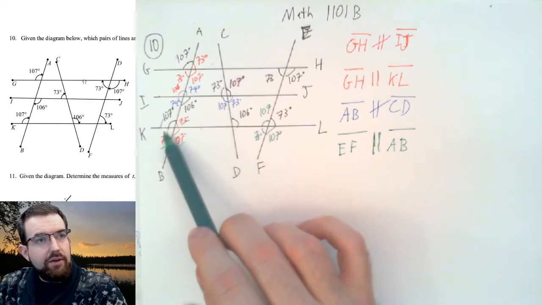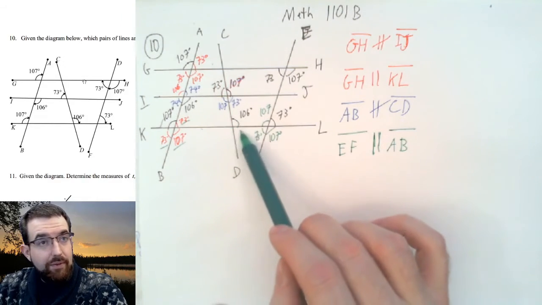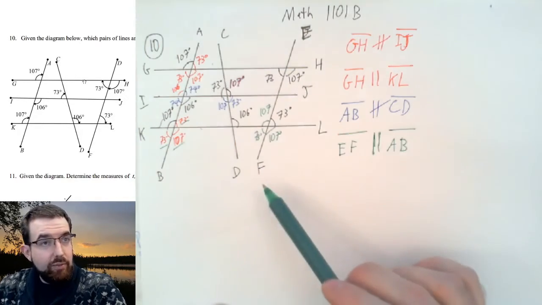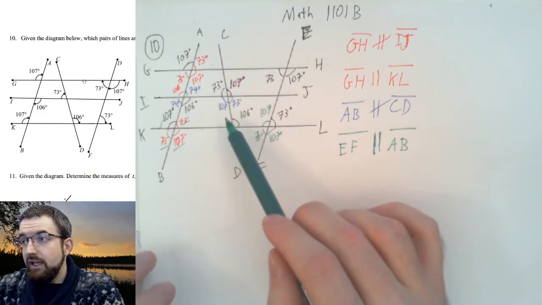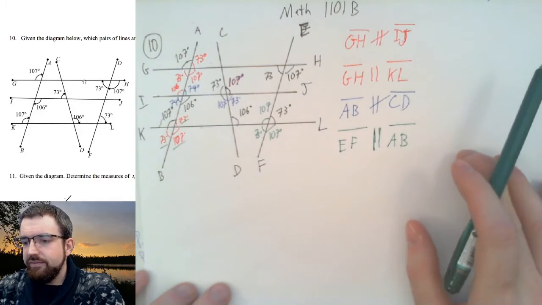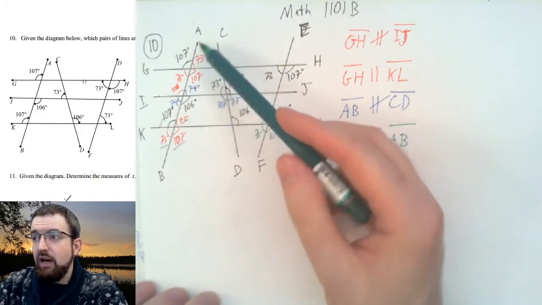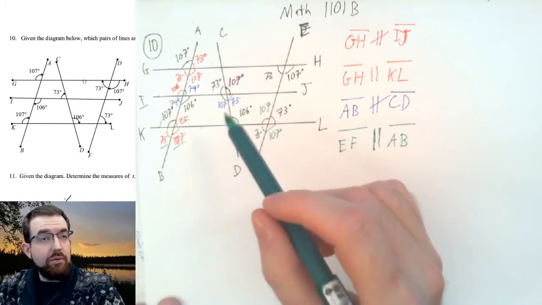If all the angles around this point are equal to all the angles around this point, then we can say line AB and line CD are parallel. But they're not going to be. Not all the bisecting angles are necessarily equal on GH and KL, but they're all equal if we compare this one to this one. If we compare the ones along the same bisecting line, then they are equal, right?